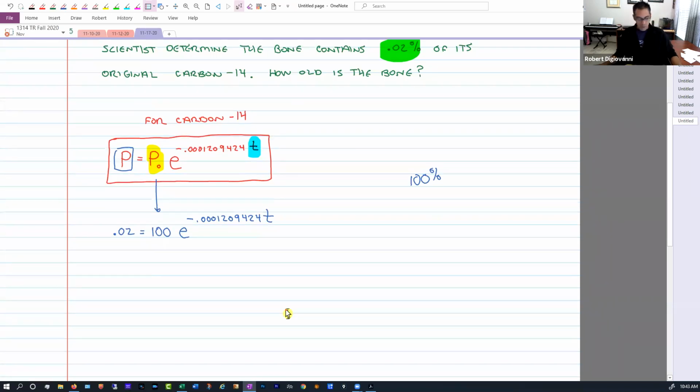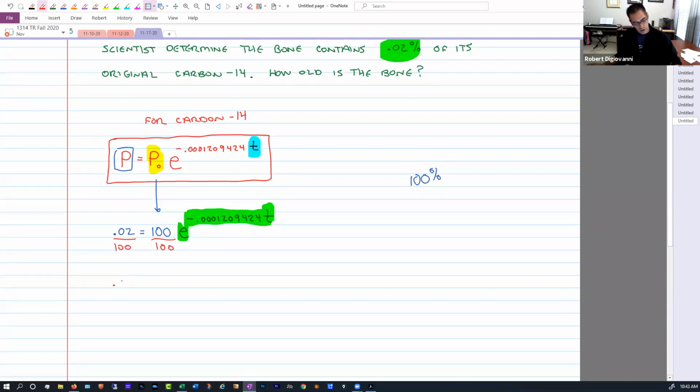Now, we only have 2 minutes. Can you solve this equation? You want to get this by itself, right? So what would the first step be? Get rid of the 100, right? Divide both sides by 100.